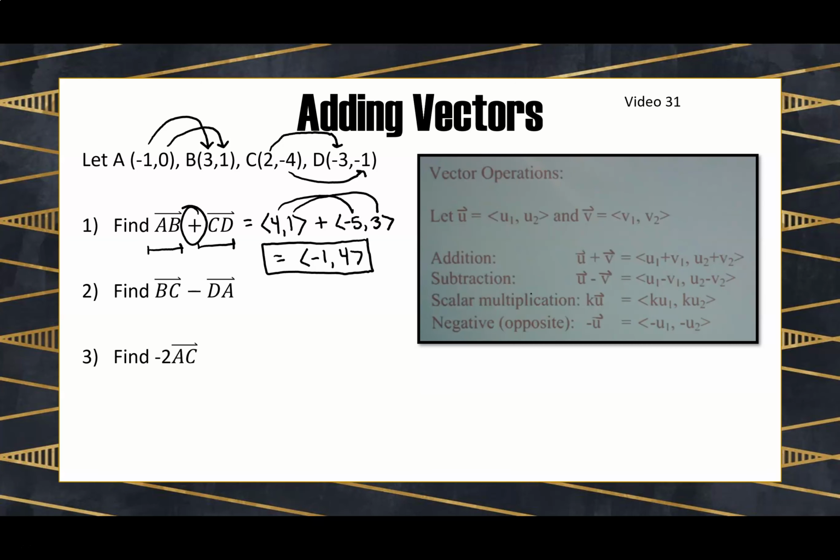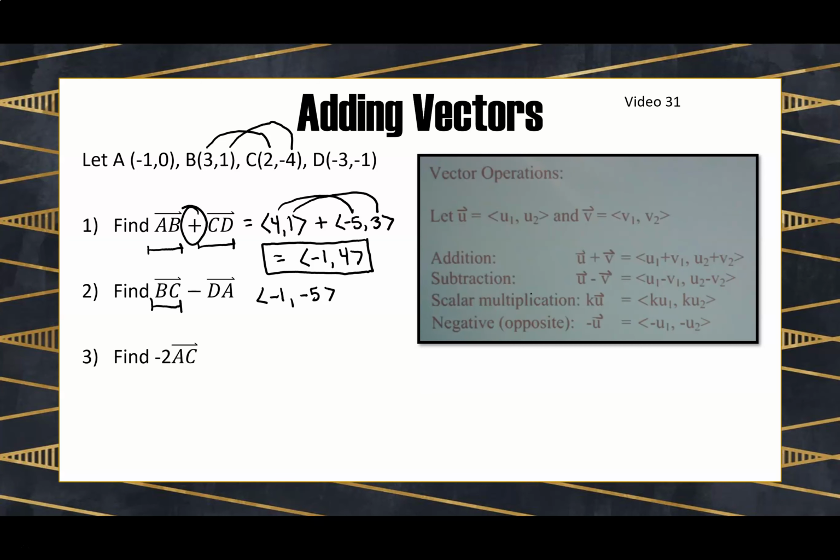So we're going to do vector BC, and first, before we even subtract, I have to find the horizontal and vertical components of BC. How do I get from 3 to 2? I subtract 1. How do I get from 1 to -4? I subtract 5. So that's my BC right there.